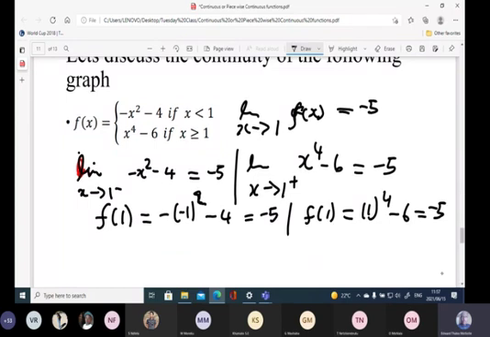And from here you can clearly see that the limit as x approaches a of f(x) is equal to f at a. So by the definition of continuity, we conclude that the given function is continuous at x equals 1. Remember, our a here is 1, isn't it? So when I write a, in this case it is 1.